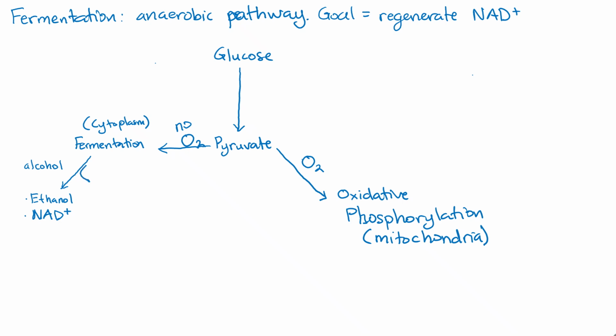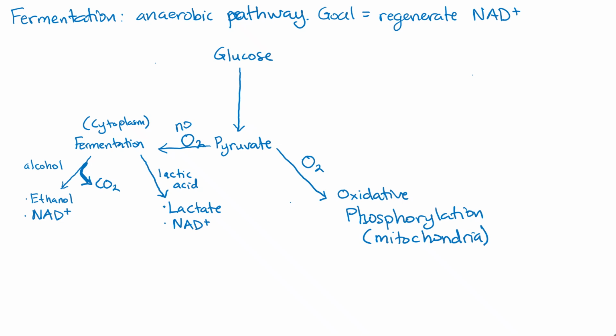Along the way, with that conversion of pyruvate to ethanol, CO2 is released. The second type, which happens in our human cells, is lactic acid fermentation. The products are lactate and NAD+.